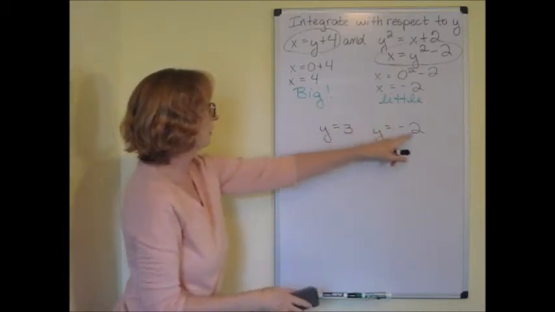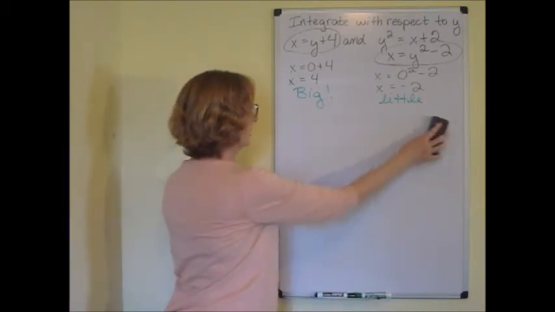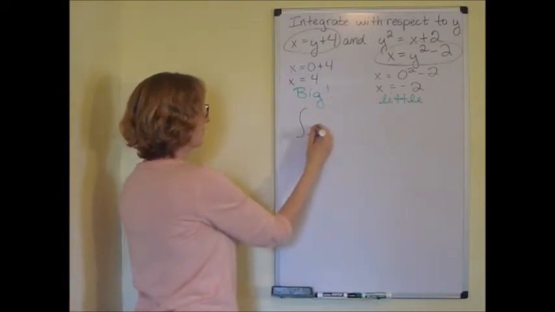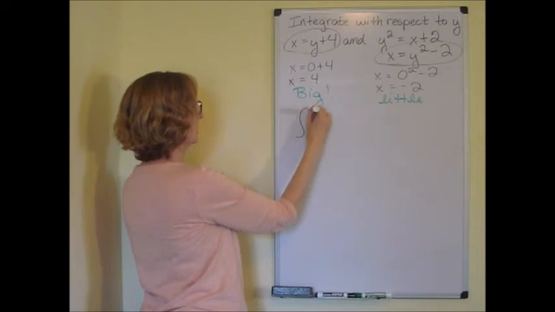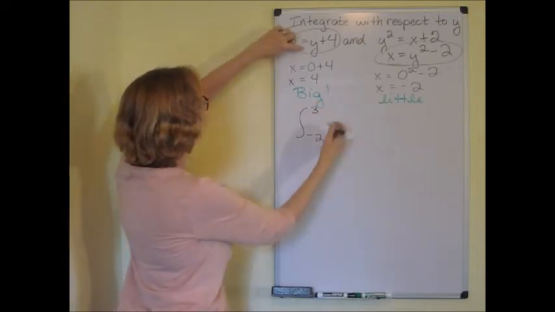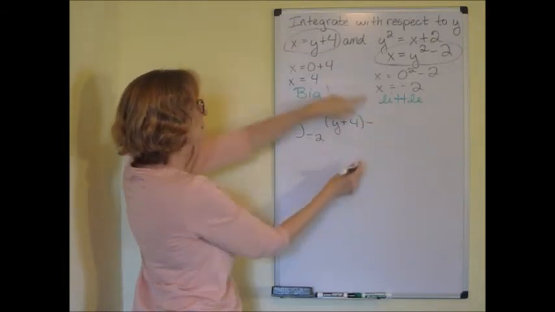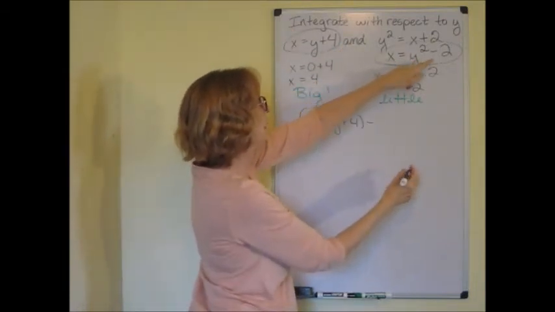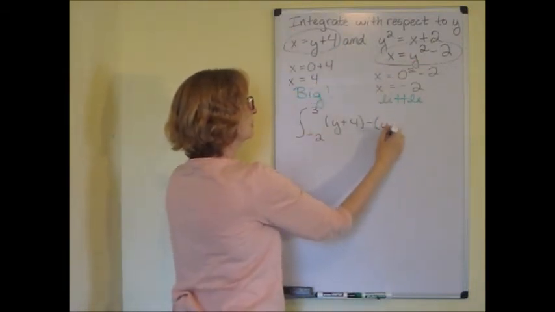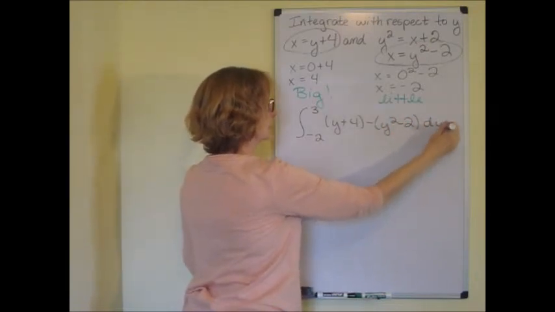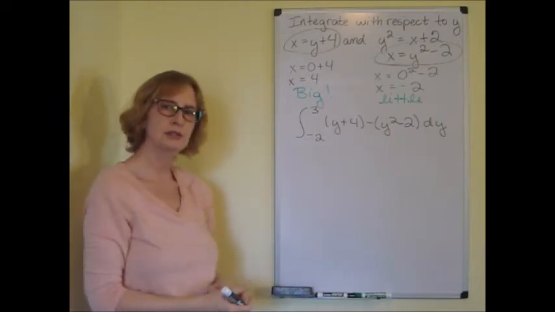So we're going from negative 2 to positive 3. Those are our limits of integration. Negative 2 to positive 3. The larger one is y plus 4 minus the smaller one, the y squared minus 2. And we're taking this integral in terms of y with respect to y, so dy.